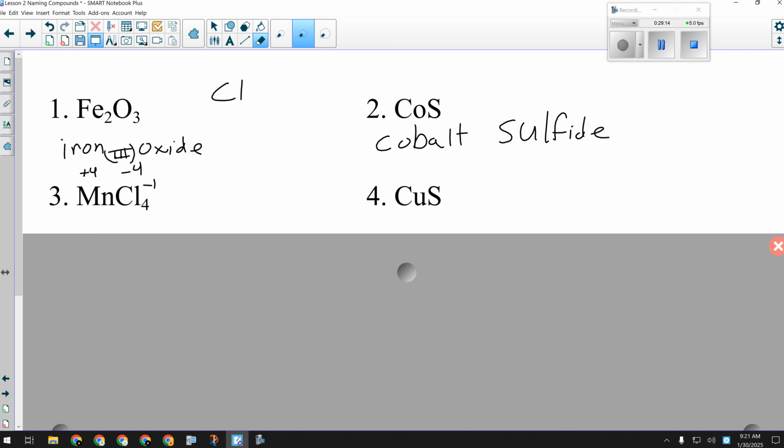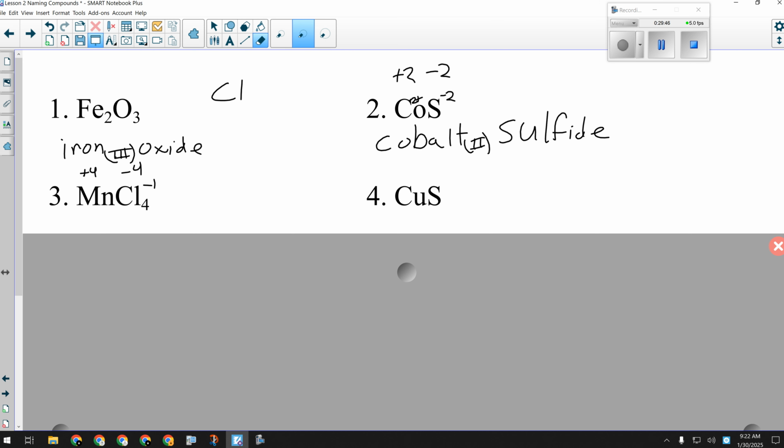Non-metals only ever have 1 possible charge. Sulfur is always -2. How many sulfurs are there in this compound? Just 1. -2 times 1 is -2. Now, I have to get +2 then, so that this will equal 0, out of 1 cobalt. 2 divided by 1 is 2. So this is the cobalt with the 2 plus charge, and I put the Roman numeral 2 in here.